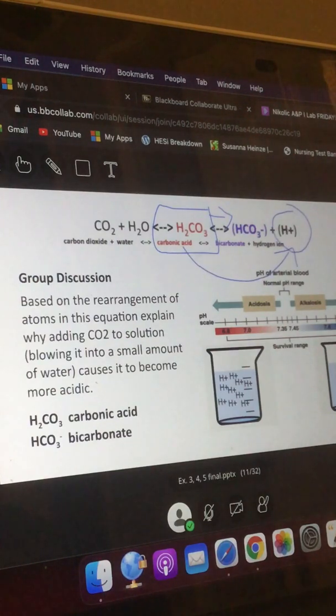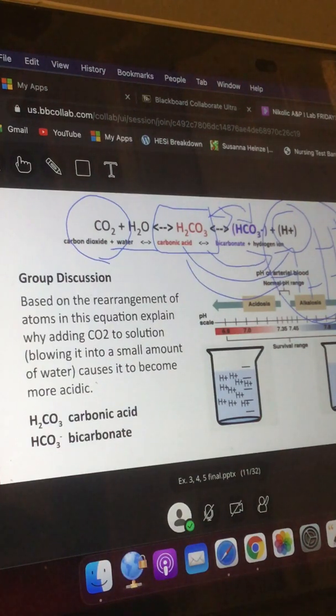And then what molecule do I end up getting if I get 1 hydrogen leaving? What do I get from that? I get bicarbonate, exactly, right? Now remember, if I add enough of these hydrogens, if I dissociate hydrogens into solution, what ends up happening here? I become acidic, right?